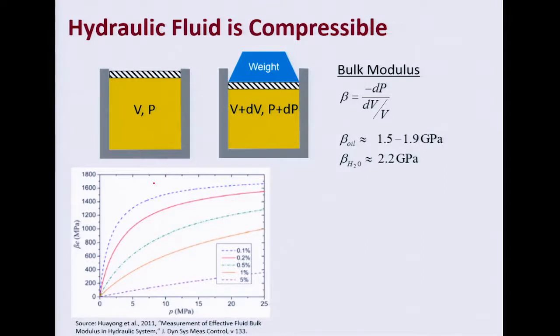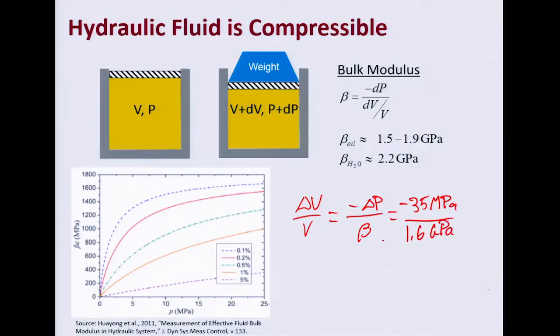Just to give you a feeling of how spongy hydraulic fluid is, let me throw out some numbers here. If I rewrite this as delta V over V equal to minus delta P over the bulk modulus, and take common numbers, maybe for a 5,000 psi system, which would be 35 megapascals, so I've got minus 35 MPa, that's 10 to the 6th, divided by, let's say, 1.6 gigapascals, 10 to the 9th, I end up with compressibility of right around 2.2%, so minus 2.2%.